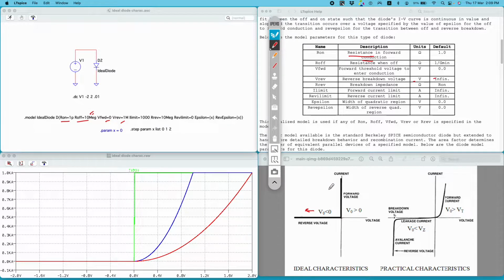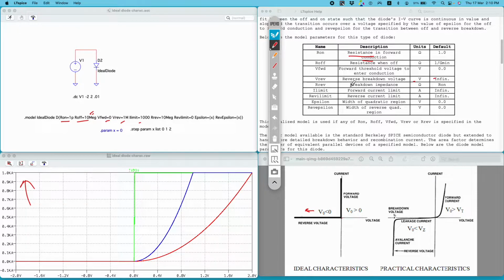An ideal diode should carry infinite current, but I have set it to a very high value of 1000 amp to show you the simulation. If I set it to infinity, the resolution of this graph will be poor on the y-axis. So I have kept it to 1000 amp. You can set it to the value you desire.